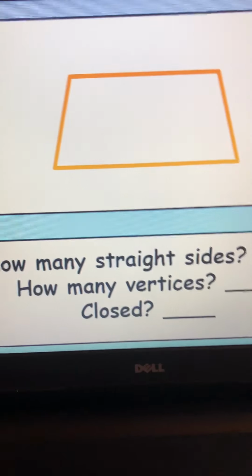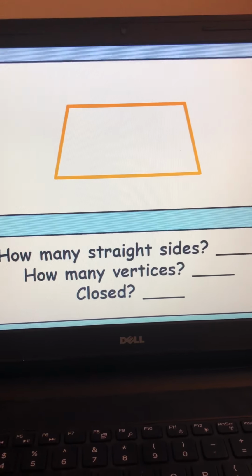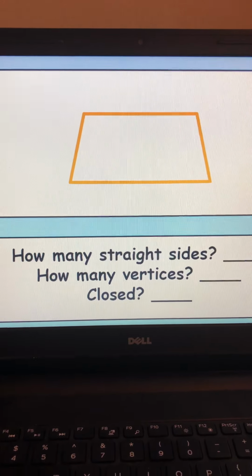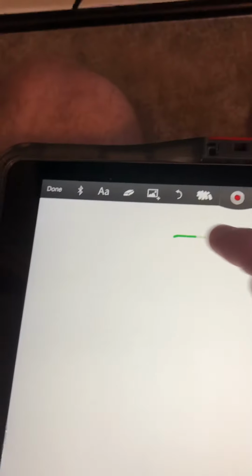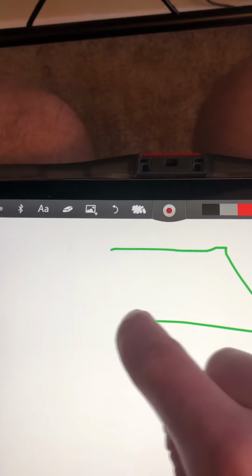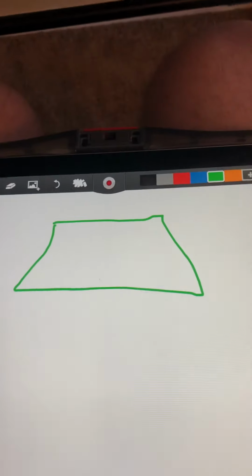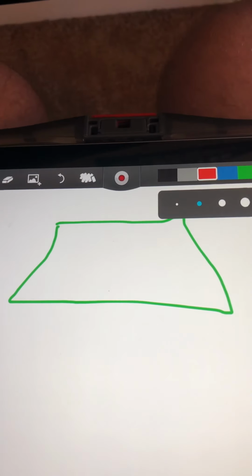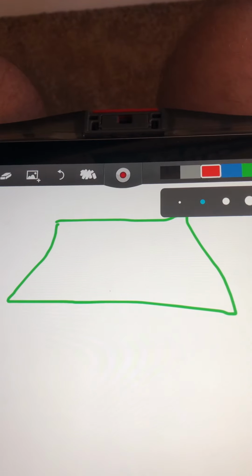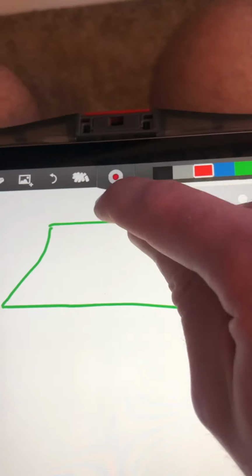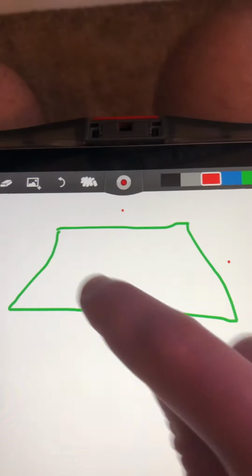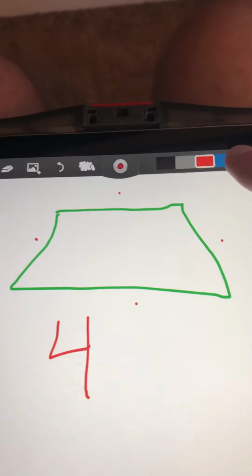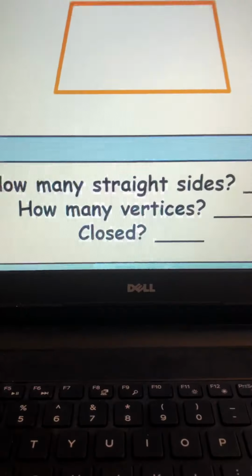Now we're going to look at this shape here. This is a trapezoid. How many straight sides? Why don't you go ahead on your Show Me app, write how many straight sides there are. Hopefully you see that there's 1, 2, 3, 4 straight sides. How many vertices?